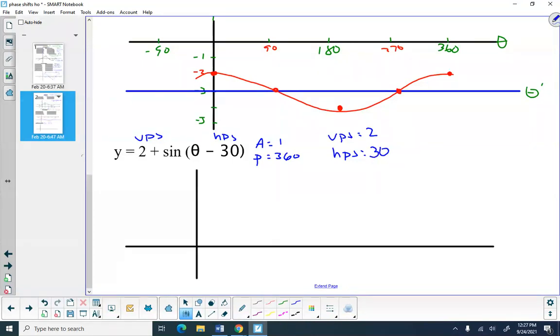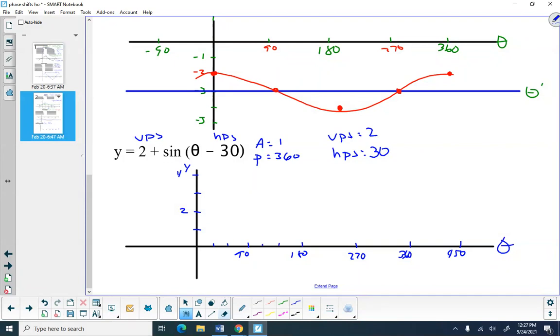So if we take a look at our graph, our y-axis, we're going to space up 4. On the horizontal axis, our theta axis, we're going to go out by 90s again. And we're going to divvy these up into thirds.